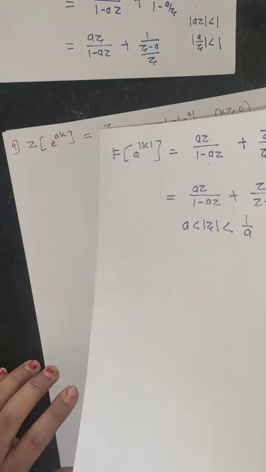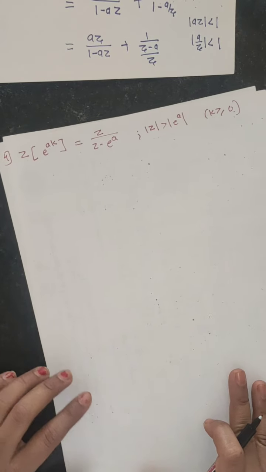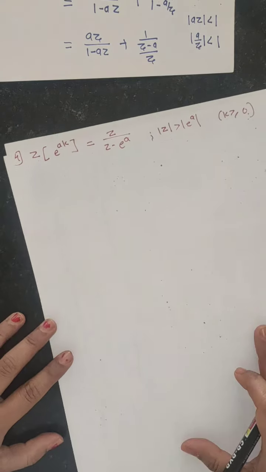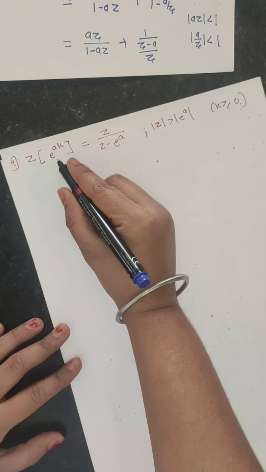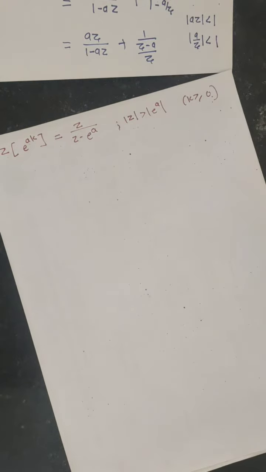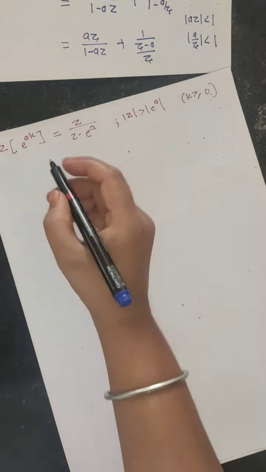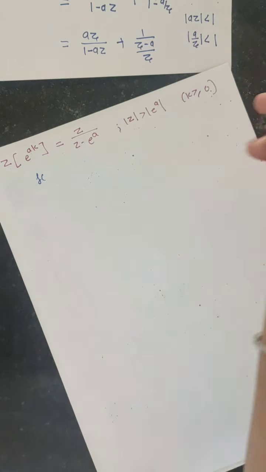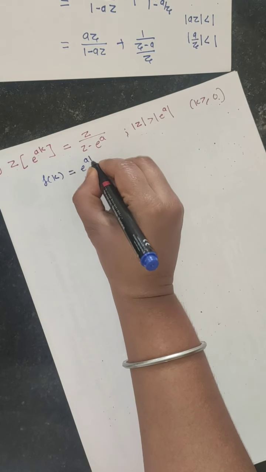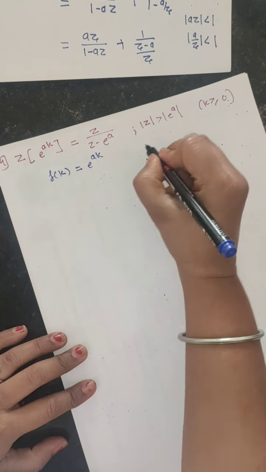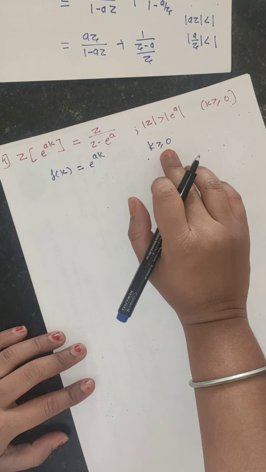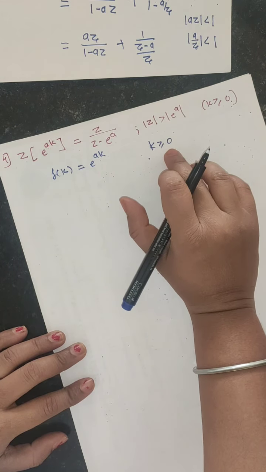Now we will see one more standard sequence, e raised to ak. So solve this sequence e raised to ak. Same as previous, f of k is e raised to ak for k greater or equal to 0, that means only positive values of k.